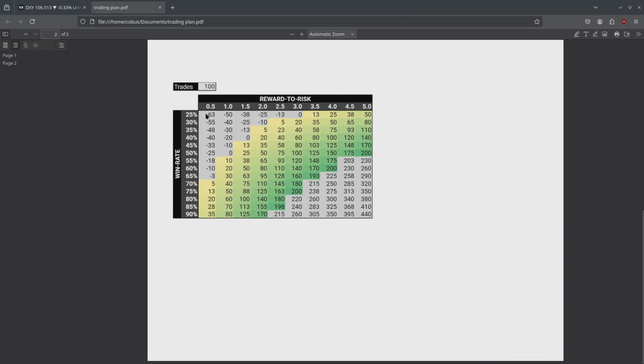So let's say over 100 trades, and you start with a 1-to-1 and you are 55% profitable. Over the course of 100 trades, you would have made 10% on the account.